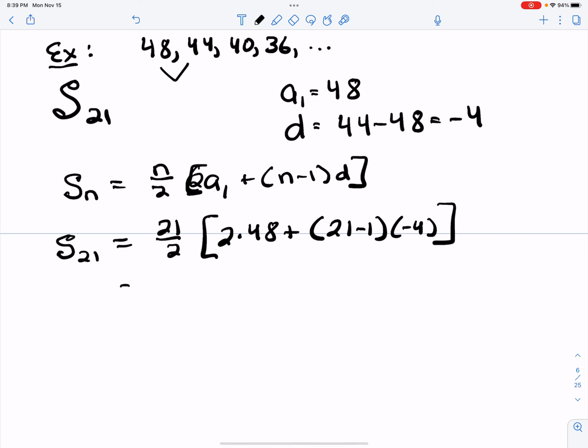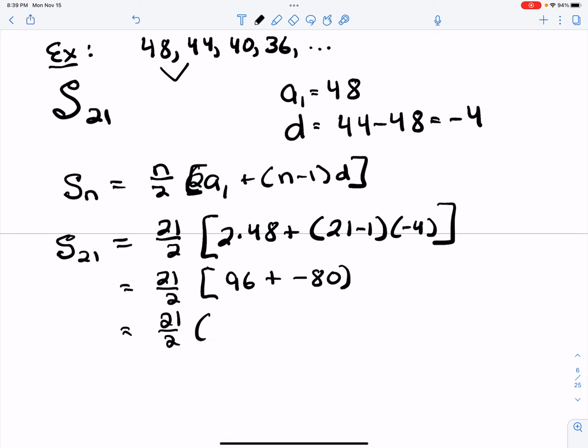I put a lot of this in the calculator when I was doing it. So you got 96. Then 20 times negative 4 is negative 80. So 21 over 2 times 16. So you get 168.